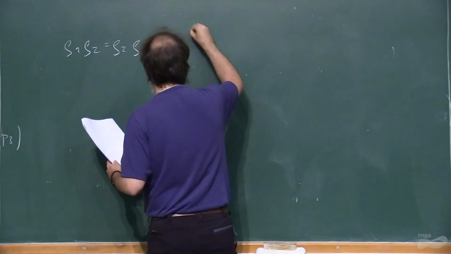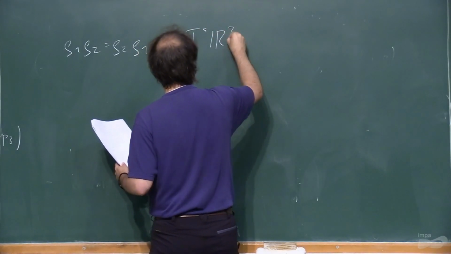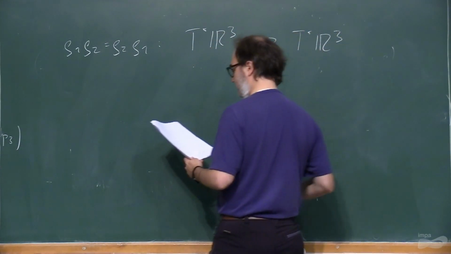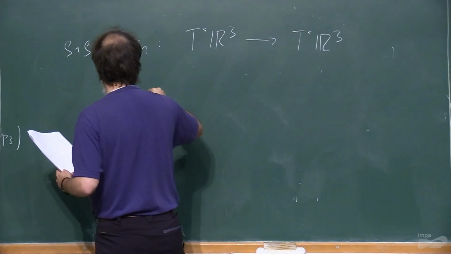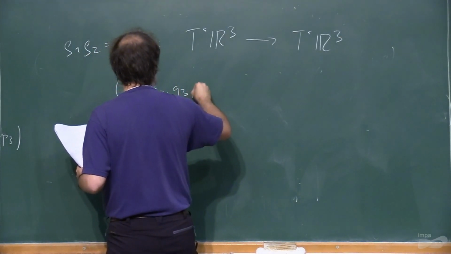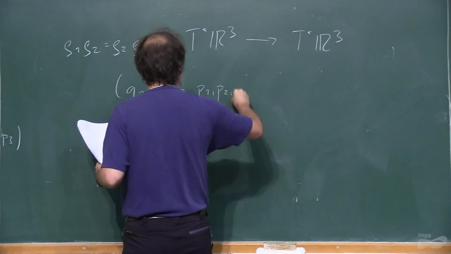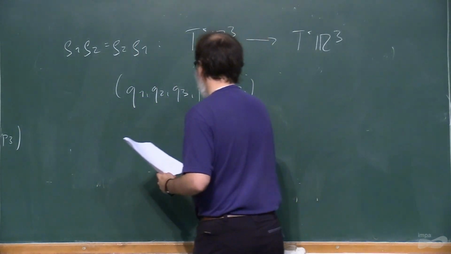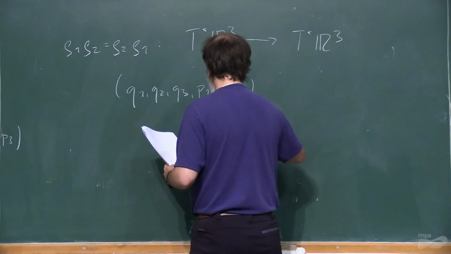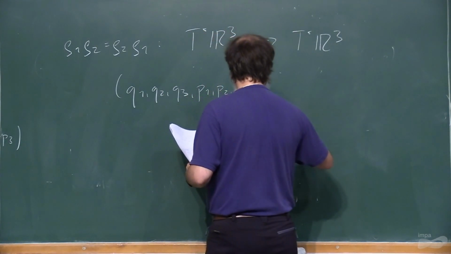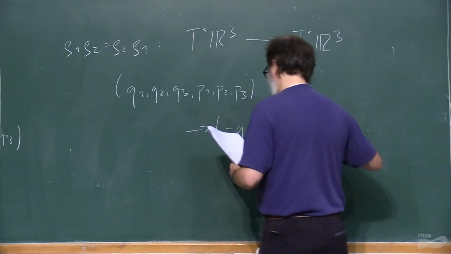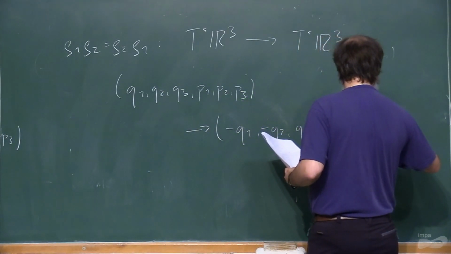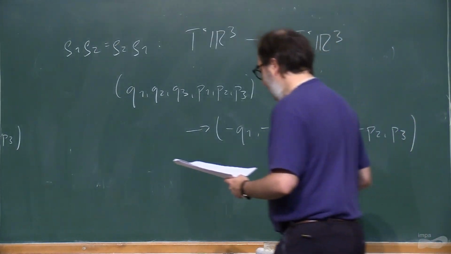This is again a symplectic involution, since minus times minus is plus, from T star R3: q1, q2, q3, p1, p2, p3 goes to minus q1, minus q2, q3, minus p1, minus p2, p3. This is a symplectic involution.